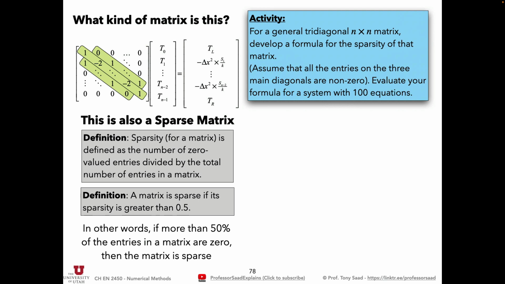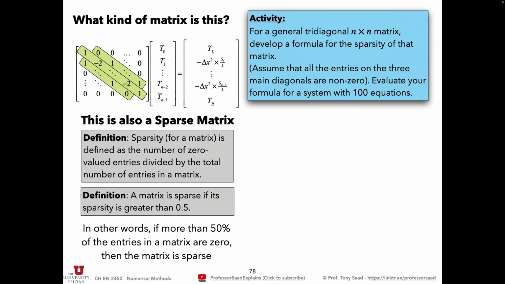Now I want you to develop a formula for the sparsity of a tridiagonal matrix. Remember, the sparsity is the ratio of zero-valued entries divided by the total number of entries. So you already have the total number of entries. It's n squared.